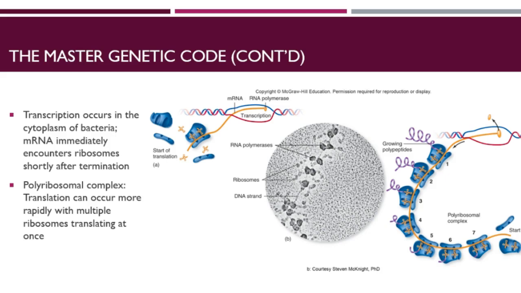It helps to speed up the rate of translation and increase how quickly proteins are made. So bacteria are able to produce proteins at a much faster rate than eukaryotic cells because their ribosomes can be working on the same messenger RNA simultaneously.